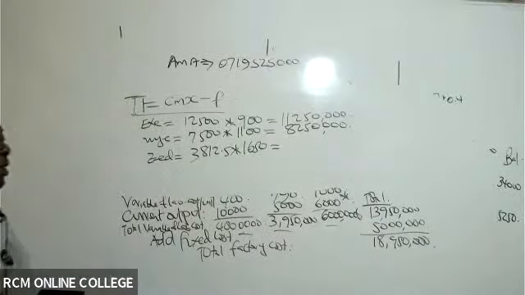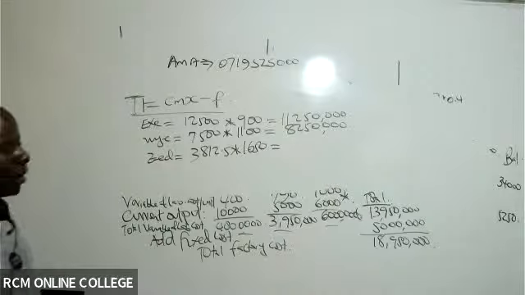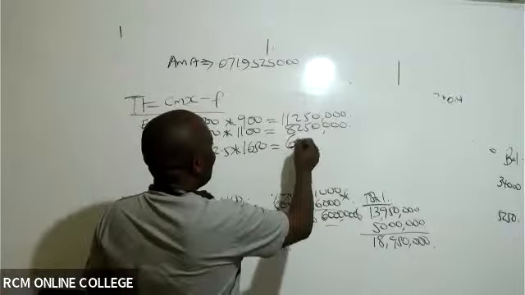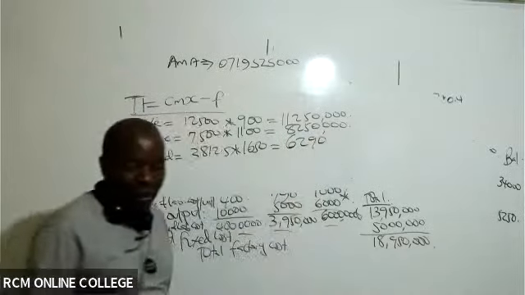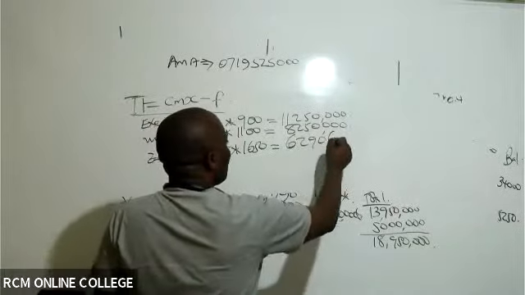And then Z lastly, the total throughput contribution. 6,290,625.